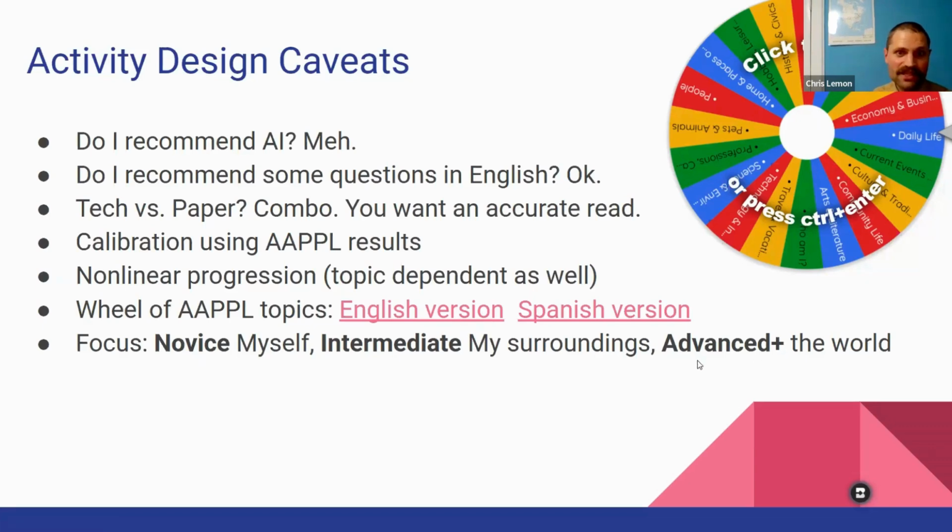And so sometimes, when we're recalibrating what we're doing, maybe the activity was too hard, maybe the activity was too easy, or maybe they just didn't have the scaffolds to do it. But just in terms of realistic expectations, make sure that if your students are at that novice level, that's where your biggest focus is on simple situations like talking about themselves, etc.